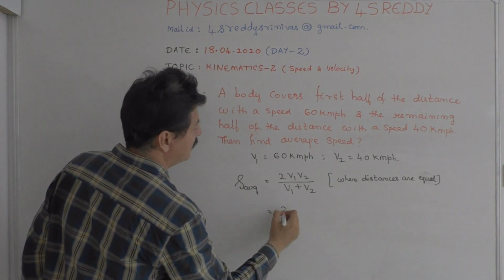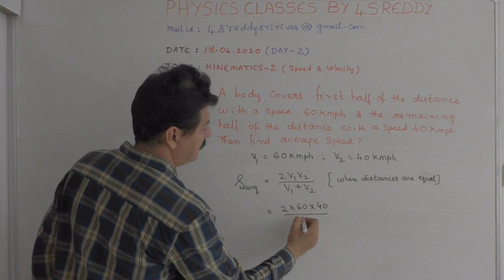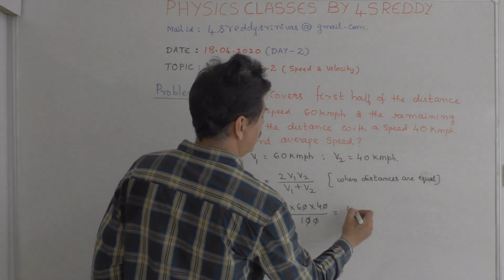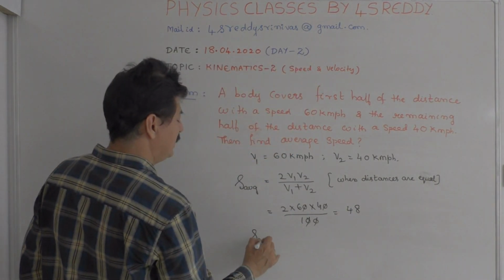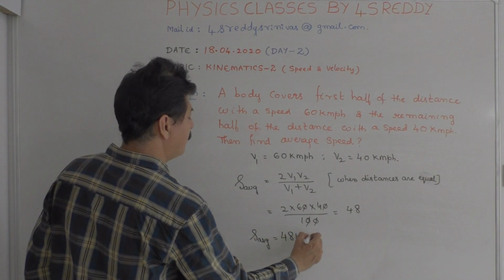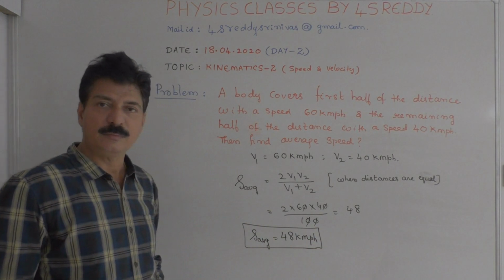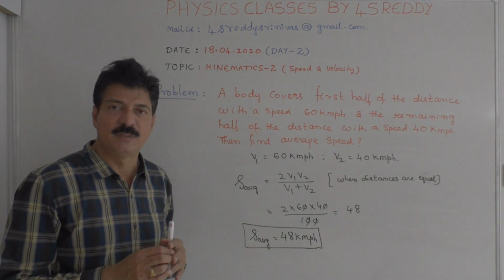Therefore, here 2 into 60 into 40 by 60 plus 40, which is 100. These two get cancelled, 48. Therefore, S average is given by 48 kmph. This is the advantage of knowing the basic concept.